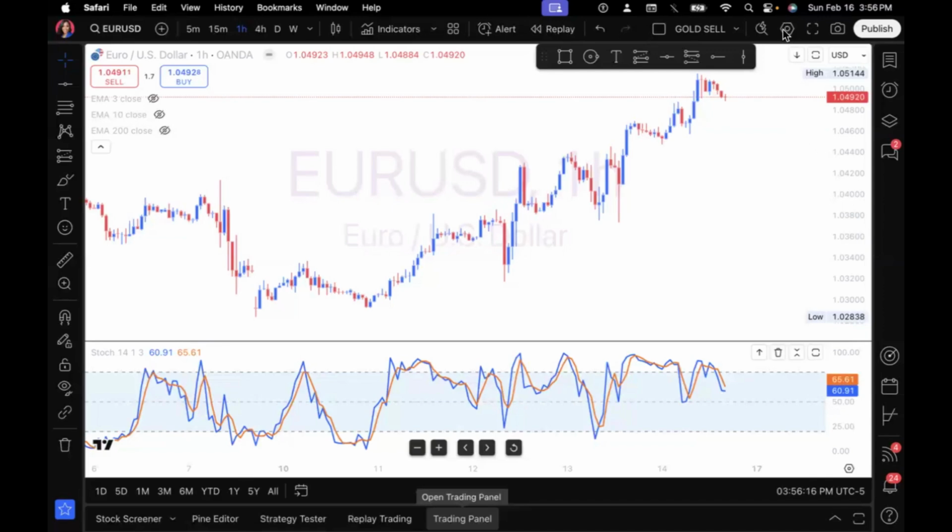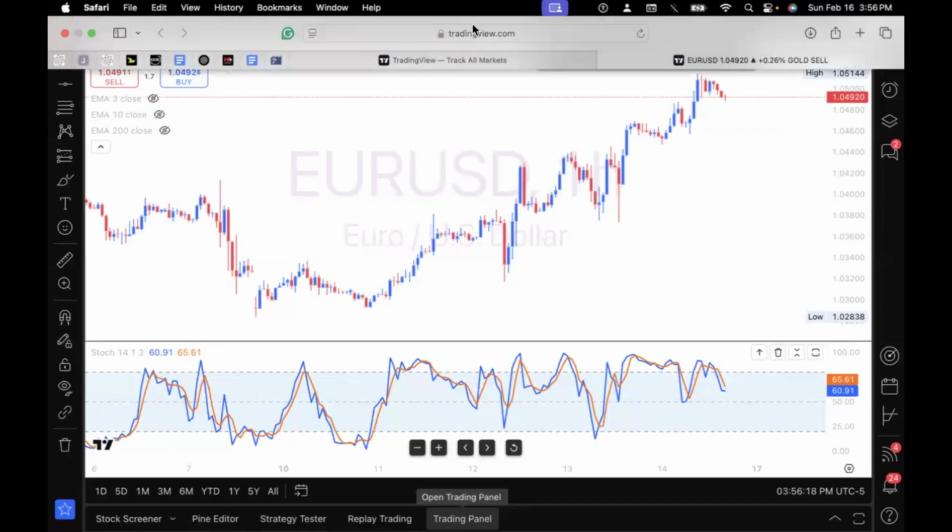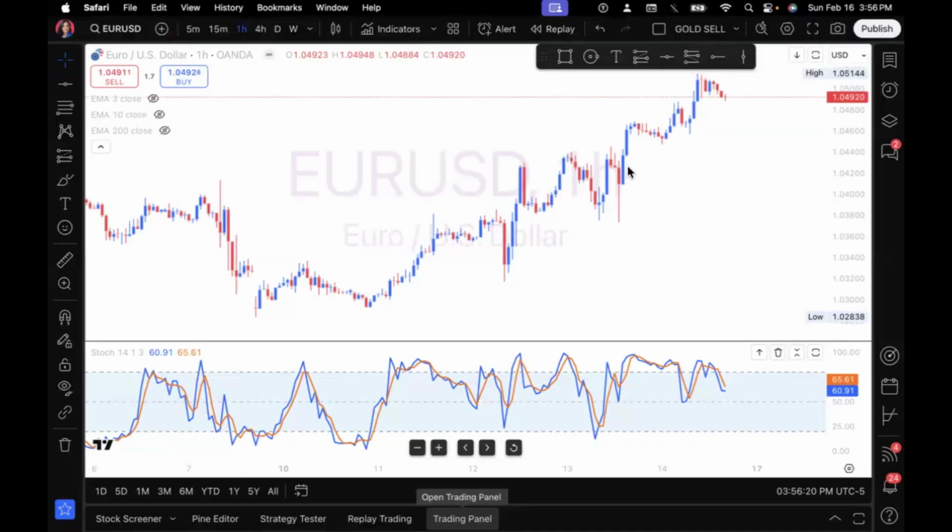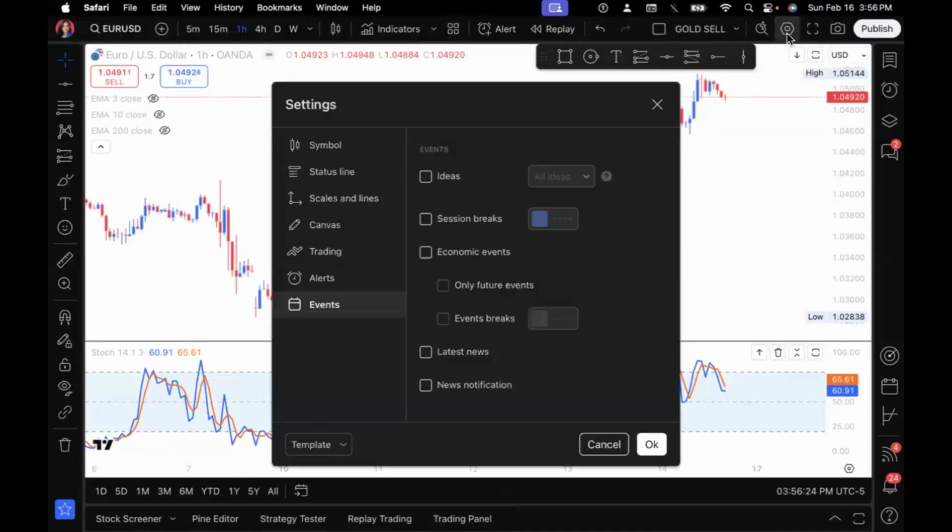So the first thing that you're going to want to do is go to tradingview.com. This is where I do all of my charting analysis and videos. You're going to click on the settings gear here. Make sure your events tab is highlighted and we're going to turn on session breaks. Now you can see once I have this box checked, I have these blue dotted lines that appear on my screen.